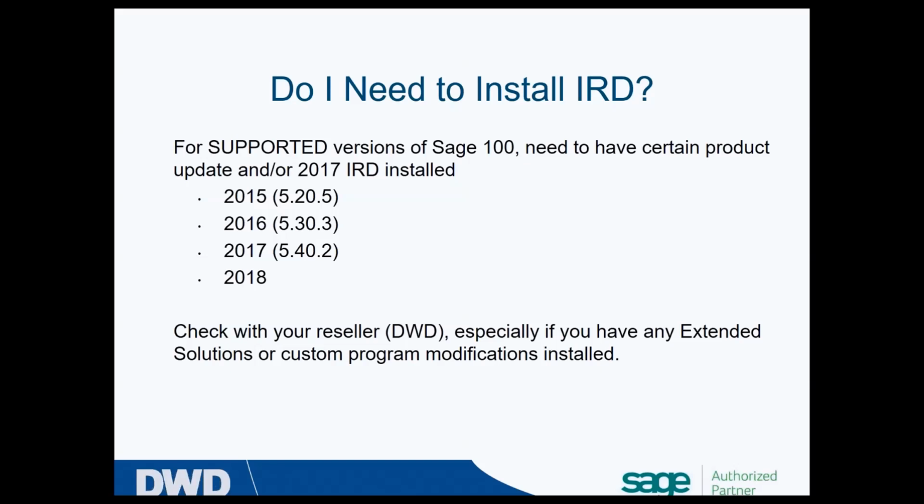If you see anything that references some sort of an extended solution, you might want to contact your reseller if it is not us, and make sure that installing the IRD does not have a negative impact on your third-party solutions.